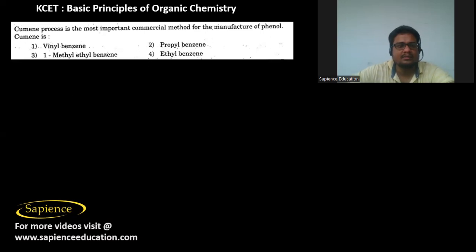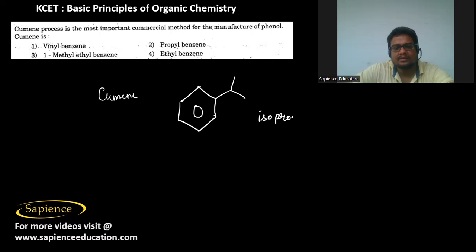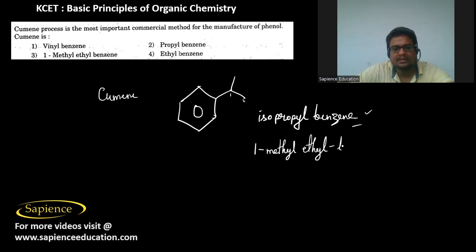Then it is told the cumene process is the most important commercial method for the manufacture of phenol. Cumene is actually isopropyl benzene. It is like this. I can write the name like this also, 1-methylethyl benzene.